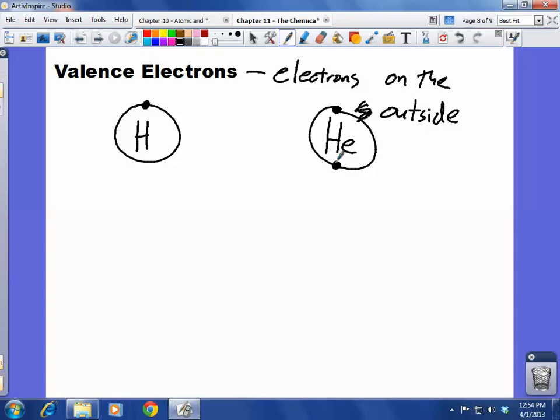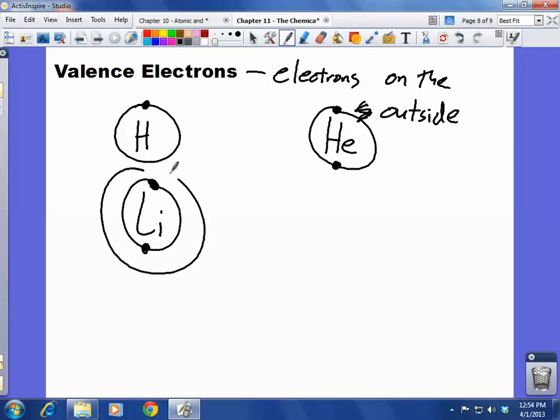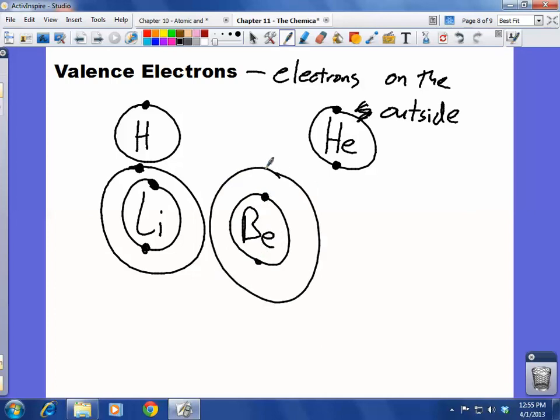So when I go on to lithium here, that first orbit can only fit 2 electrons. I don't have room for that 3rd electron. So I have to create another orbit. So now I have 1 orbit with 2, and 1 with 1. So with beryllium, with 4, I can fit 2 in the center, and then 2 on the outside.